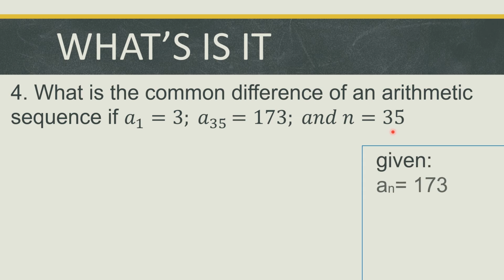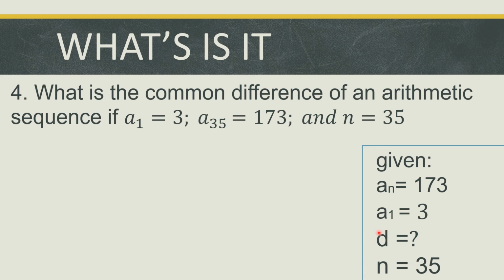Our first given is a sub n, which is 173, or our a sub 35, which is 173. A sub 1 is 3, or the first term is 3. Then next, we need to find the common difference, or the missing is our common difference. And of course, the last given is n, which is equal to 35.